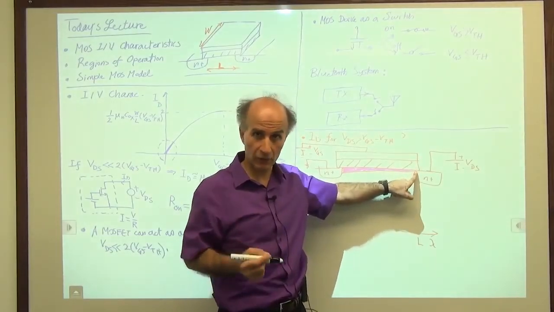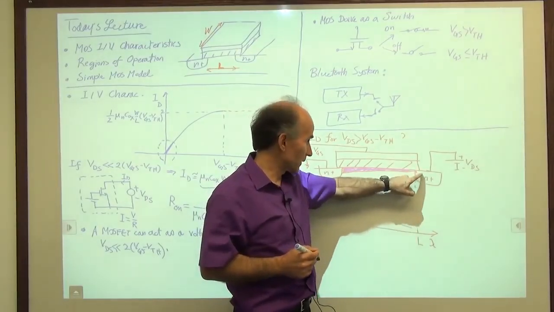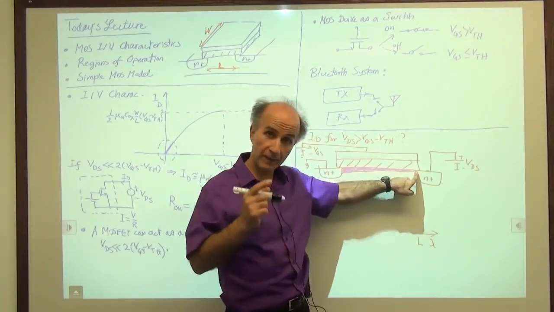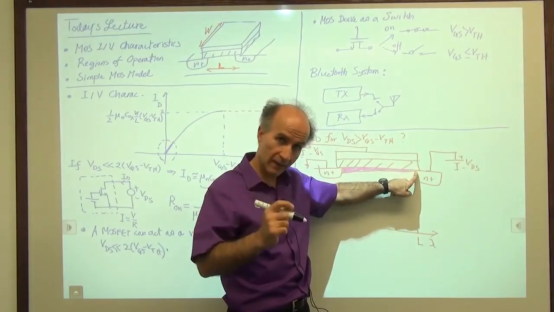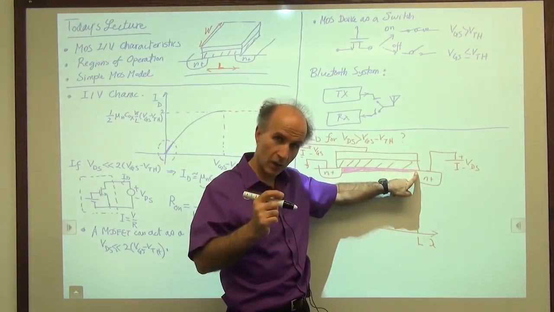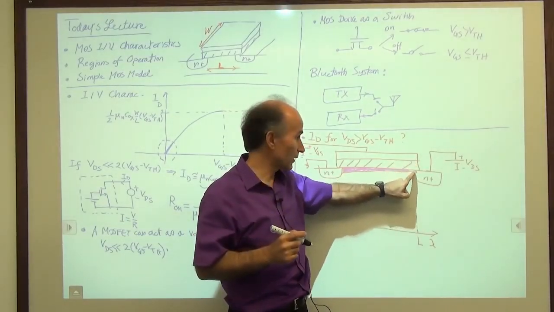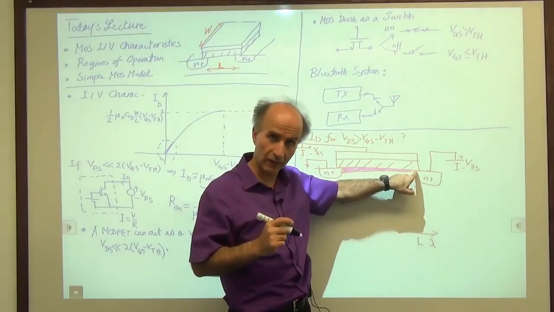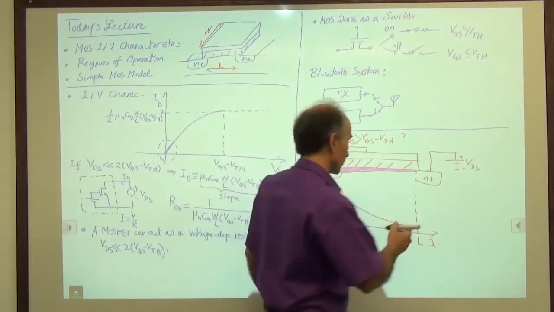But that was the definition of a threshold voltage. So if this voltage, which is the drain voltage, happens to be such that the difference between these two is equal to VTH, then the charge density here drops to 0, right here. So let's formulate that condition.